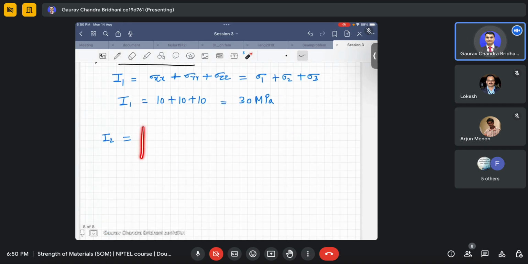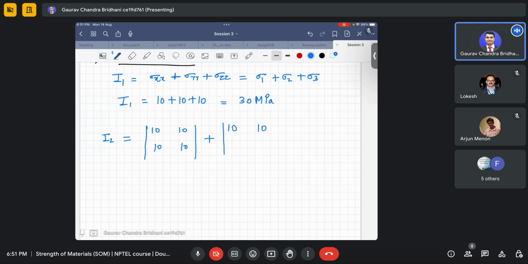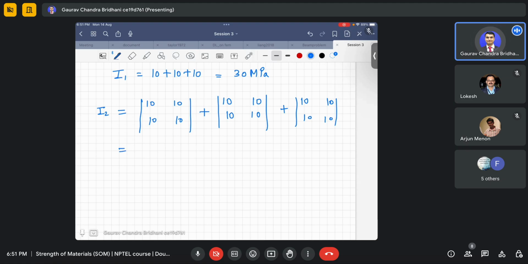So I'll write the matrices first: 10, 10, 10, 10 plus 10, 10, 10, 10 plus 10, 10, 10, 10. If you find the determinant of these matrices, all the determinants will be 0. It means I2 is 0 for this case.